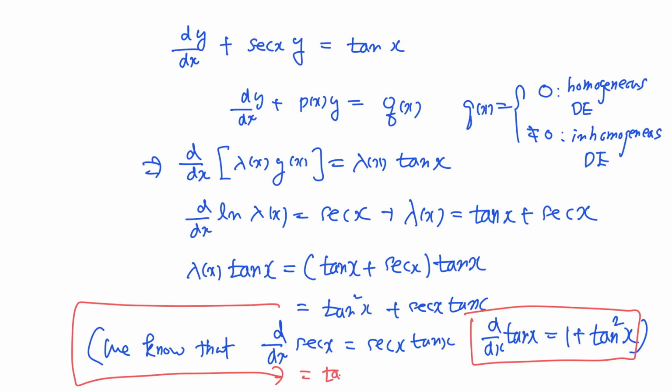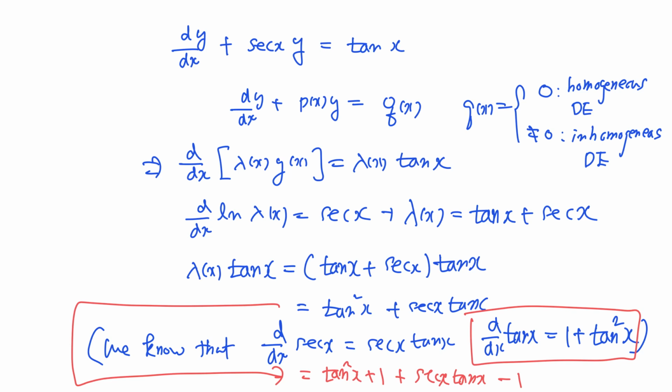We have tangent square x plus 1 plus secant x tangent x minus 1. The right-hand side is tangent square x plus secant x tangent x. If you take a derivative of secant x, it will give secant x tangent x.